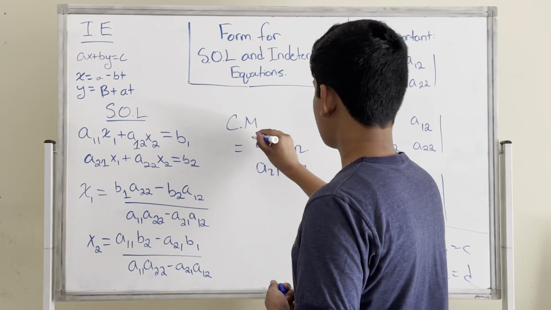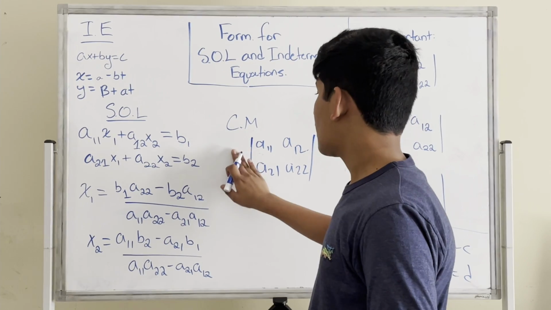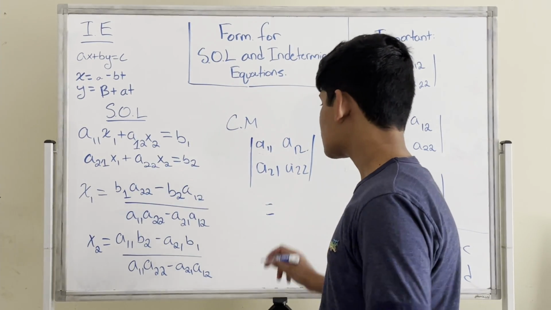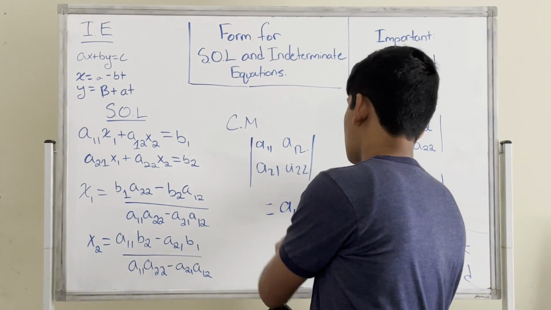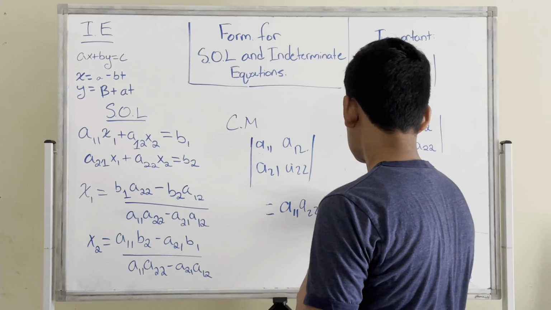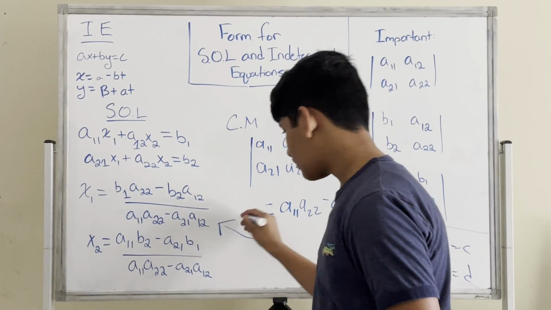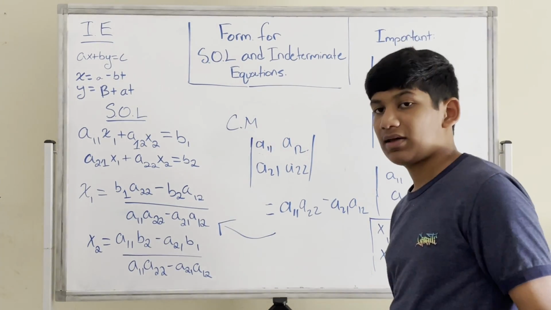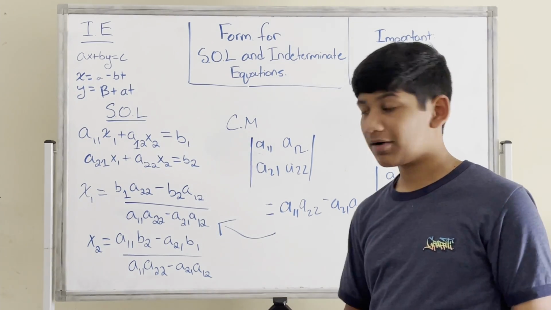So what we'll have is this. Well, essentially, the determinant is going to be A11 A22 minus A21 A12. And this indeed will be our determinant. So as you can see over here, the determinant is just going to be the denominator.